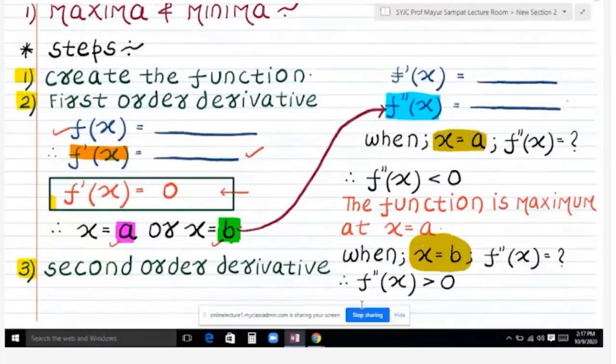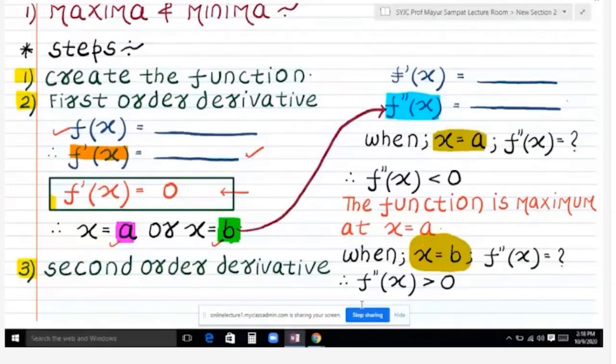The first order derivative is obtained by differentiating the function one time, and by differentiating the function one time, we obtain the value of f dash x. But what is the rule? The rule states that for any maxima or minima, the value of the first order derivative always should be equal to 0.